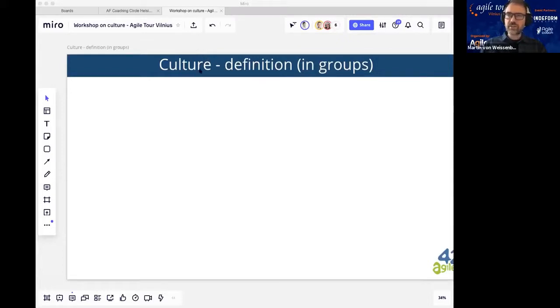I'll go into the chat and share that again. Do we want to have Gabriele in some room, or do we leave her outside? I assign Gabriele also. Okay, I will open all rooms, and here we go.